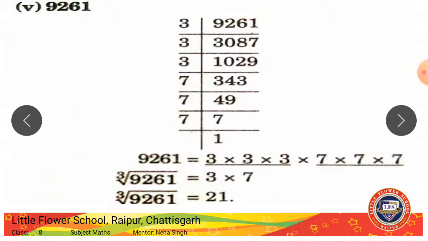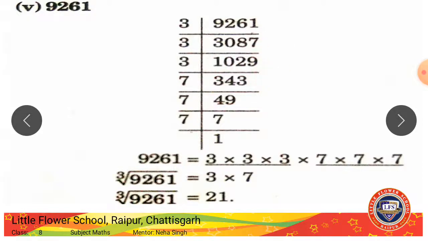This 2 will be carried here. 3 8s are 24. Again 2 carried here. 3 7s are 21. 3 1s are 3. 0. 3 2s are 6. And 2 carried. 3 9s are 27. Again it will be divisible by 3. 3 3s are 9. 1 carried. 3 4s are 12. And 3 3s are 9.